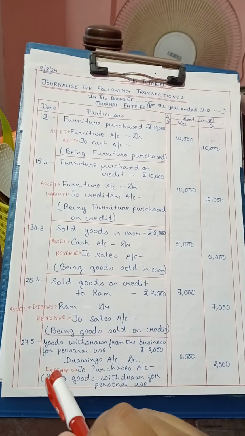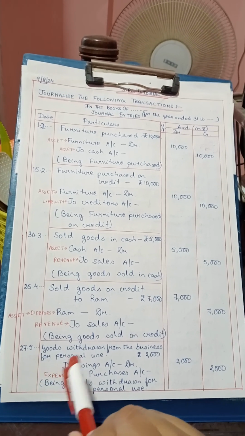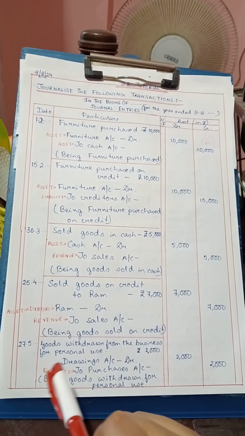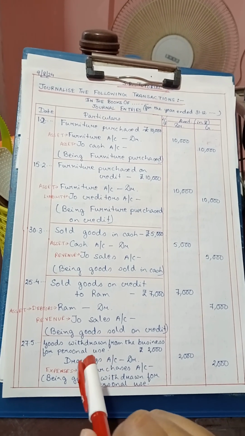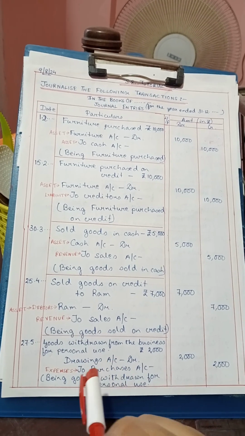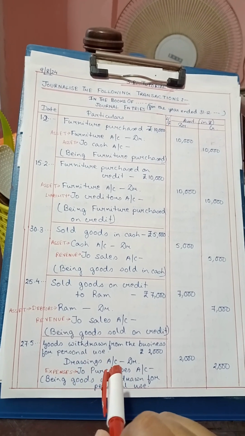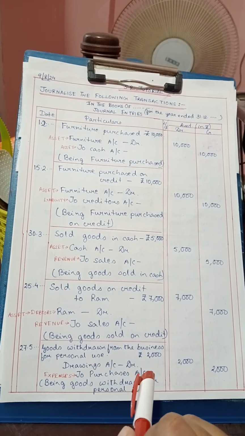7,000, 7,000. Now on 27th May, goods withdrawn from the business for personal use. So here goods have been withdrawn from the business for personal use, so it is drawings. We know when drawings increase it should be debited.